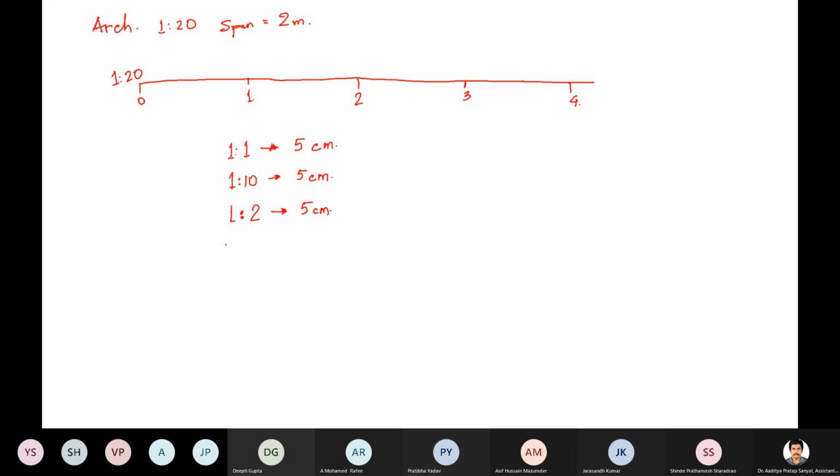Others also, please try to comply with this. It will be good for you. Sir, I think 1:2 is not there in a triangular scale. But you have to do it.